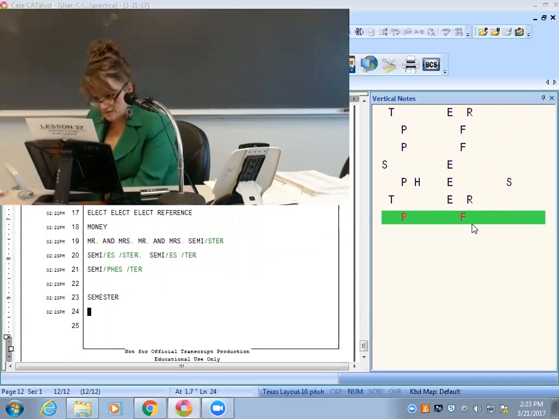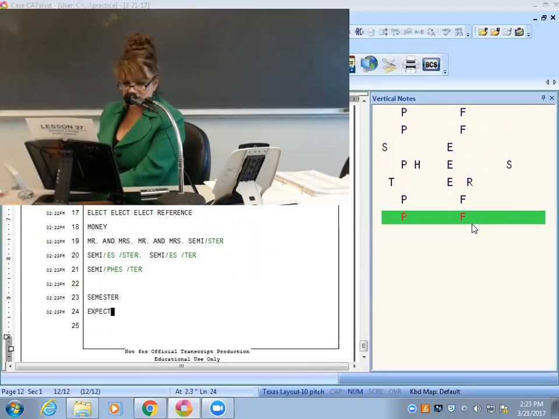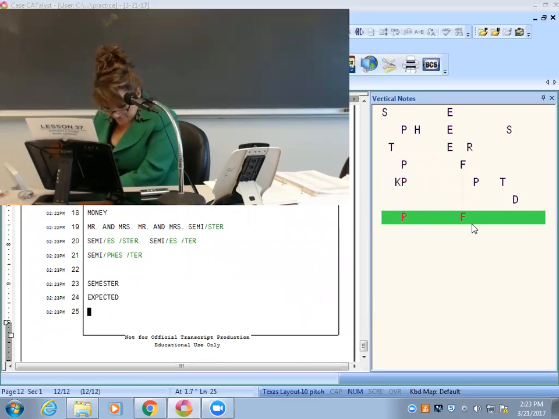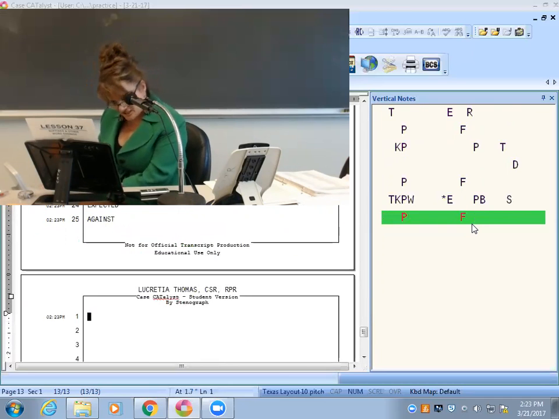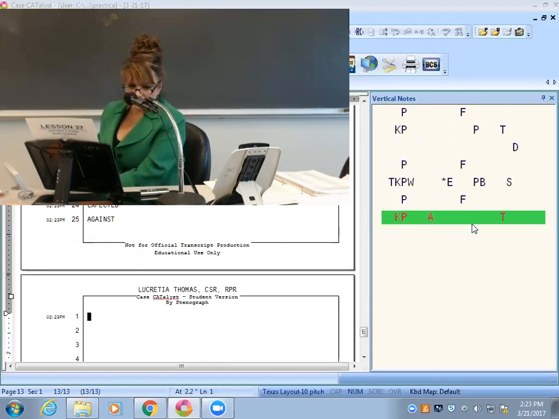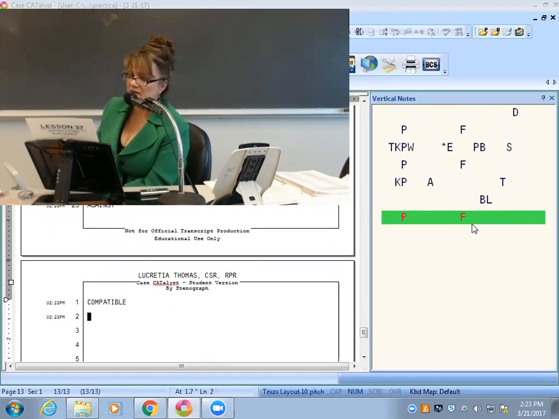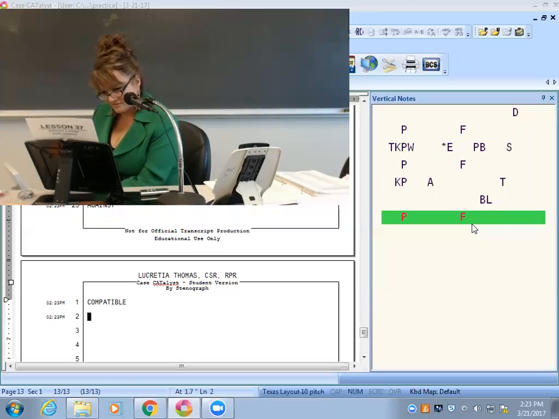You have expected, KPPT. You have against, GENS asterisk. And then there was one more I wanted to give you. Compatible, you can write KPAT and then BL. Receive, SEF.